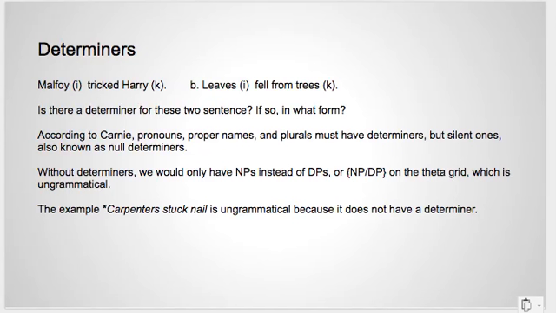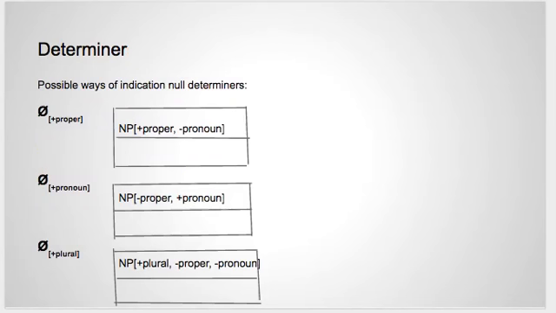But the sentence the carpenter struck the nail is grammatical due to the presence of the determiner. These are some possible ways of indicating null determiners. We can say null plus proper, null plus pronoun, null plus plural, indicating that even though we don't see the actual determiner in front of a sentence, it's actually there.